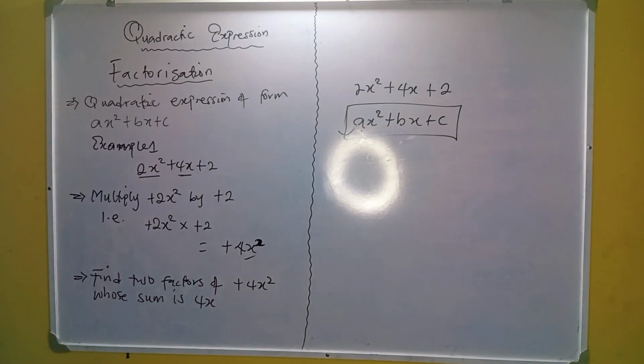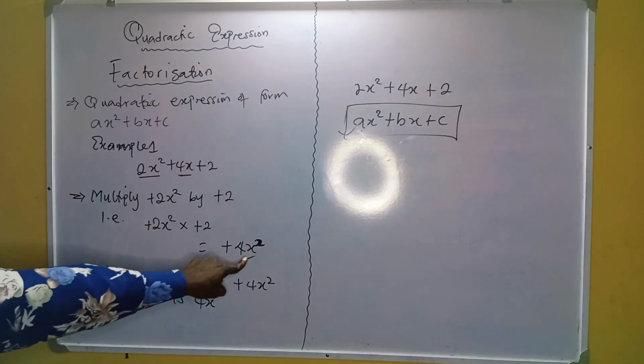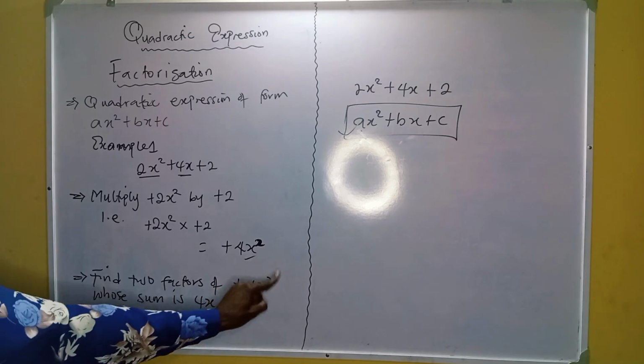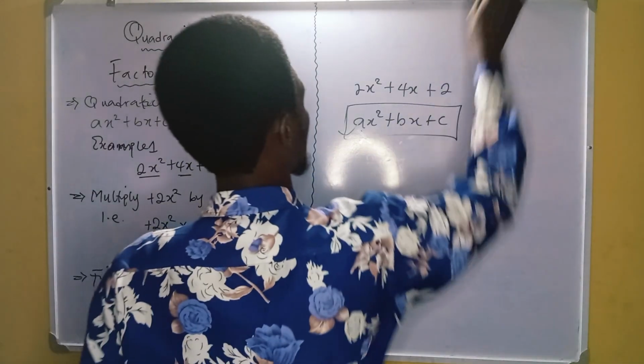All right, so the middle term here is 4x, and what you got was 4x squared. So you have to find two factors of 4x squared, that is positive 4x squared, whose sum is what? 4x.